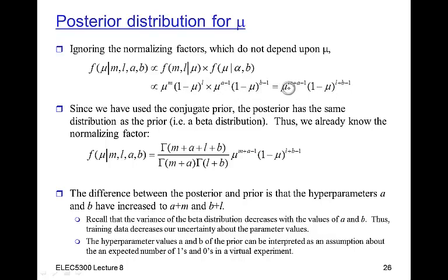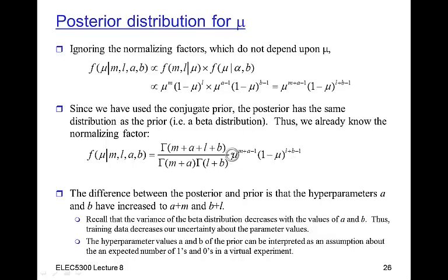It's just mu raised to some power and 1 minus mu raised to some other power. And the parameters are just determined by those A and B parameters and M and L. So the posterior then has exactly the same form as the prior distribution because we've used the conjugate prior, and so I already know what the normalizing factor is because this has to be a probability distribution.